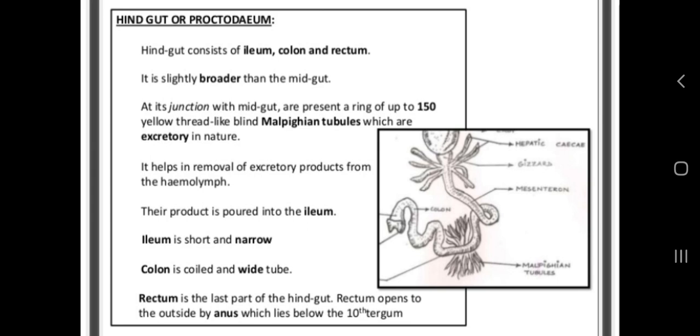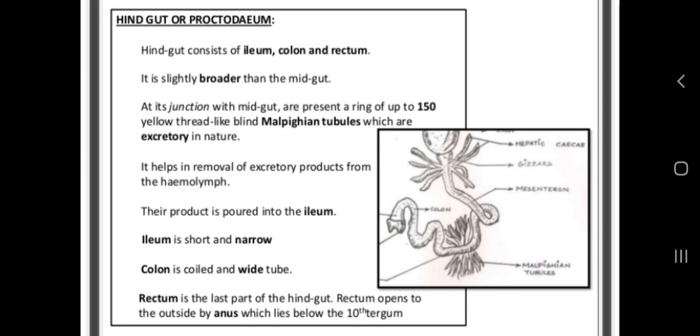Malpighian tubules are the excretory organs in cockroach. They help to remove the excretory product from the hemolymph, and their product is poured into the ileum of the hindgut.